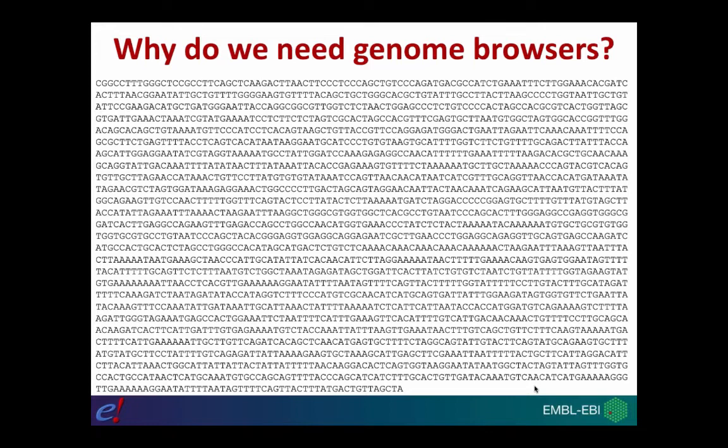We take this genome sequence, we annotate it with genes, we annotate it with information about variation data between individuals within a specific species. We annotate features that regulate gene expression. We perform some comparative genomics, and we make all this data available through the web.